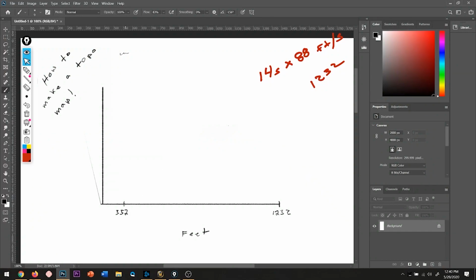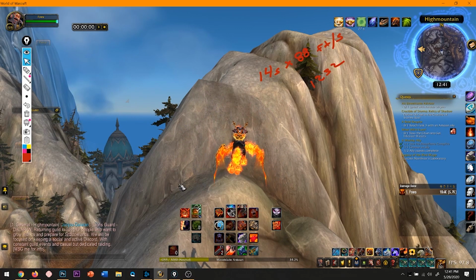So we went about 264, it would be less than that. So let's put a little mark right here. Add those two together. And we get the next peak is at 616 feet. So write that down. Okay, got to get up a little higher.